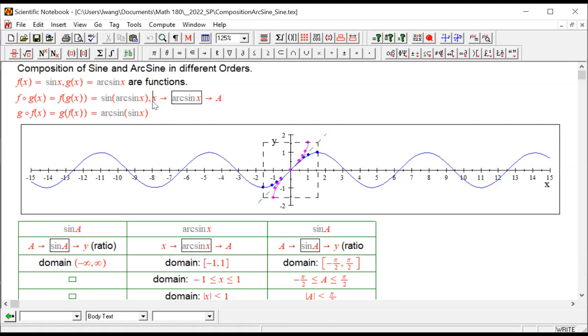And because X is the input for arc sine, this X has to be in the domain of arc sine. The domain of arc sine is from -1 to +1.